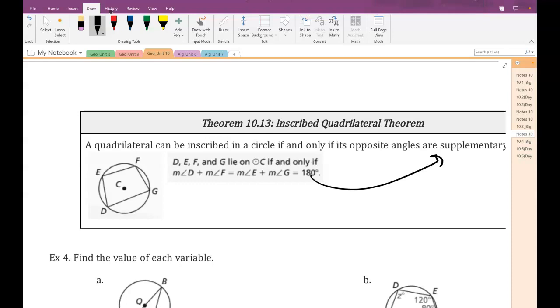Opposite angles means across from each other. Adjacent means next to. So E and G are opposite angles because they're across from each other. D and F are opposite angles. So E plus G has to equal 180, and D plus F has to equal 180 as well.